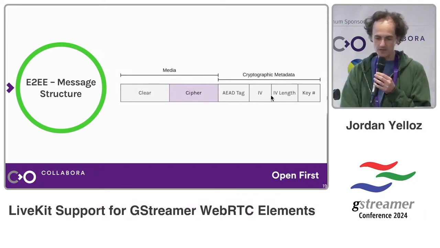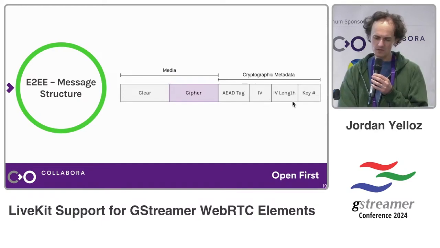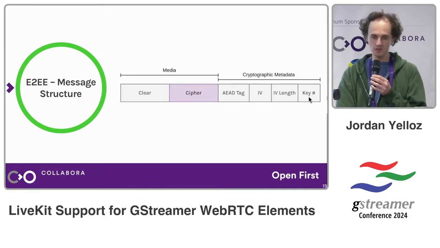And then obviously the typical things you have in any AES scheme: an initialization vector, and then the rest of the buffer includes how long the IV is, and which of the keys in the key ring is being used to encrypt this message.